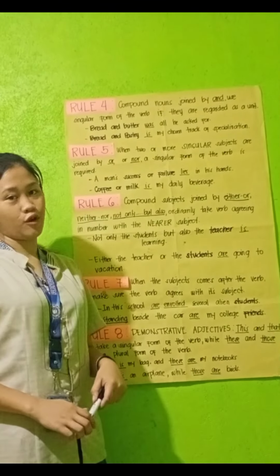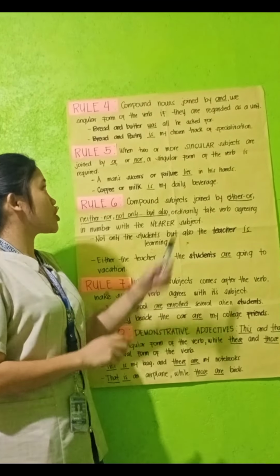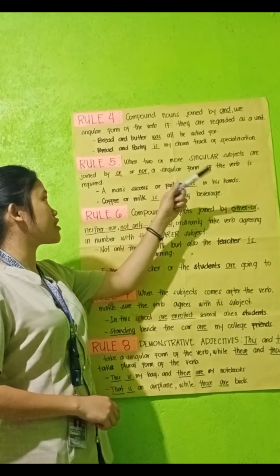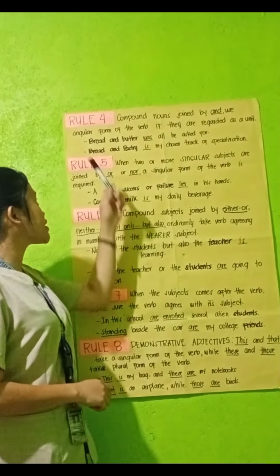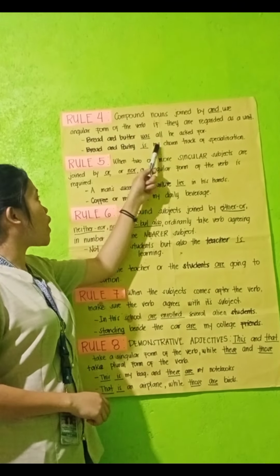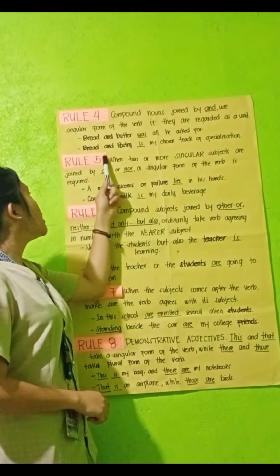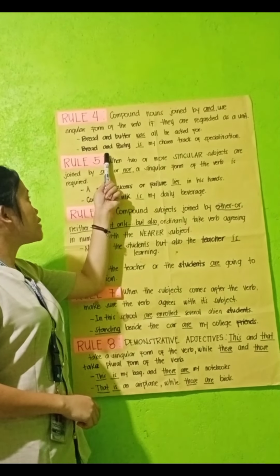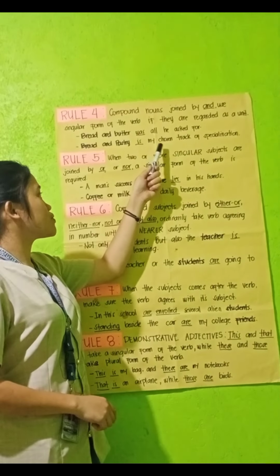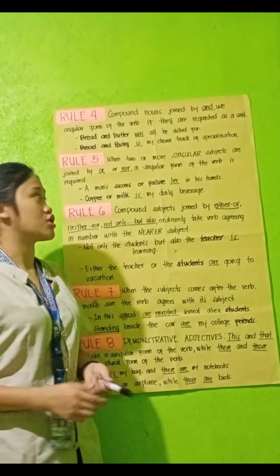Rule number 4. Compound nouns joined by and use the singular form of the verb if they are regarded as a unit. For example, bread and butter was all he asked for. Second, bread and pastry is my chosen track of specialization.